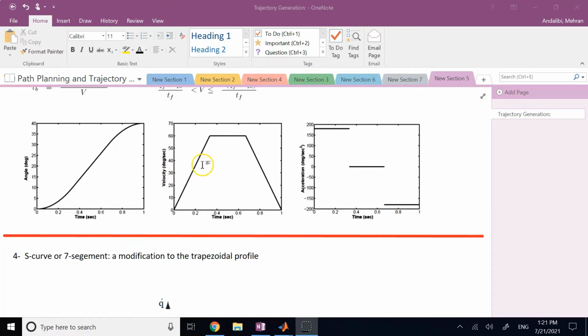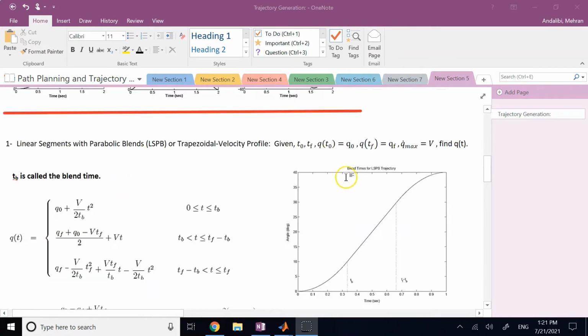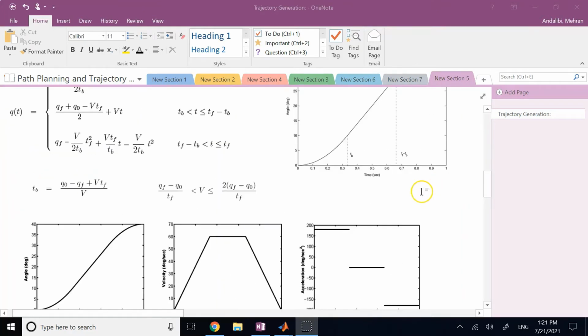And of course, when you integrate the velocity, the joint angle is going to be a parabola, a line, and another parabola. That's why you call it the linear segment, which you can see here. And with 2 parabolas that will blend to it and create the whole profile.